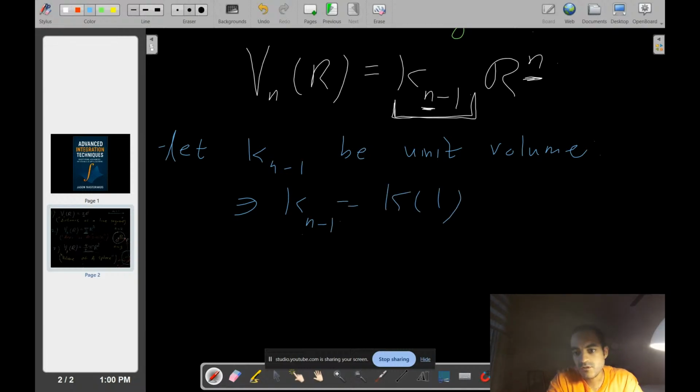In reality, this is constant unit volume. Doesn't matter what I call it, I can use v. But I'm just using k sub n minus 1 to be a unit volume. And turns out if you take the unit volume of anything, it's always equal to 1. If you had k of 2, it would be different. K of 3 would be different, and so forth.